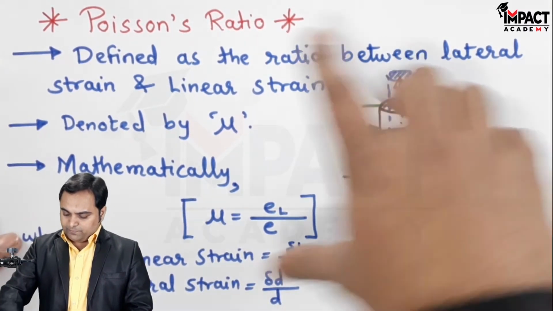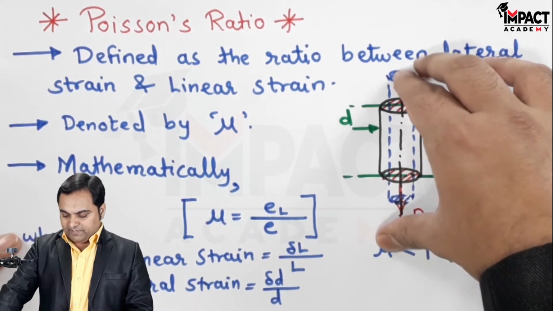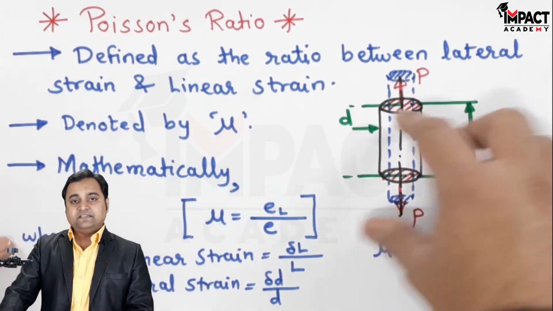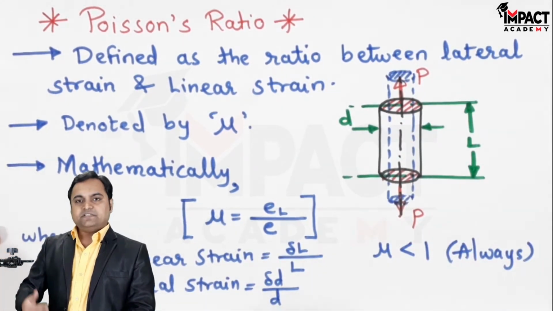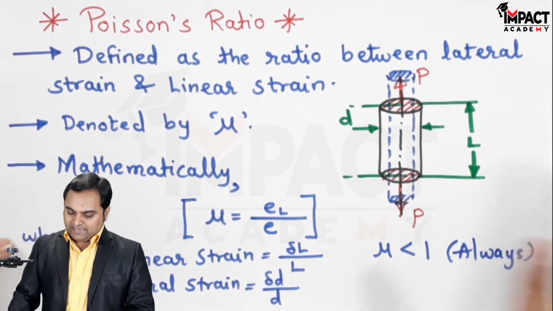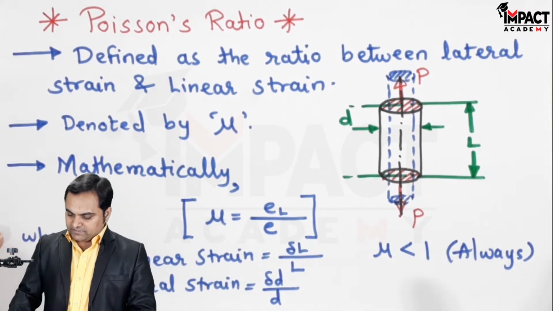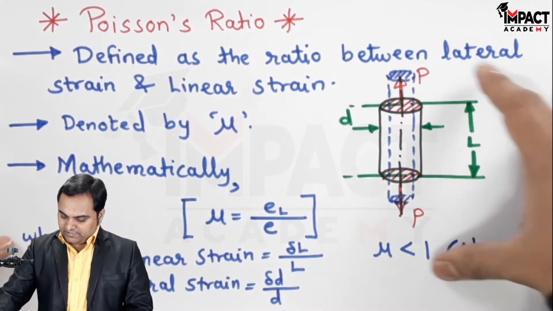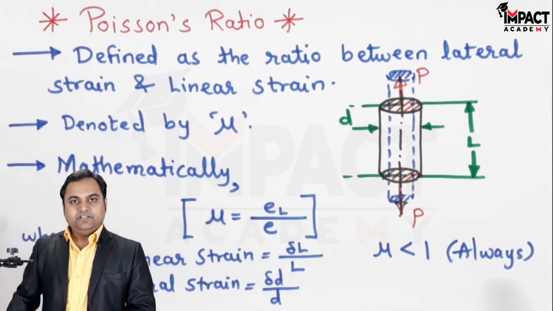When it is compressed, there would be increase in diameter and decrease in length. So the increase in diameter would be treated as the effect due to lateral strain, whereas the decrease in length would be treated as the linear strain.